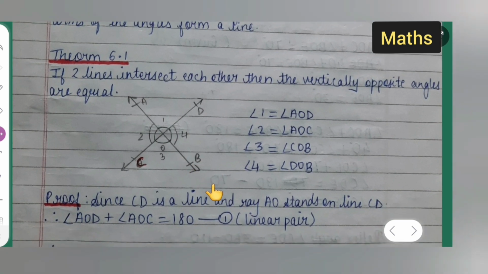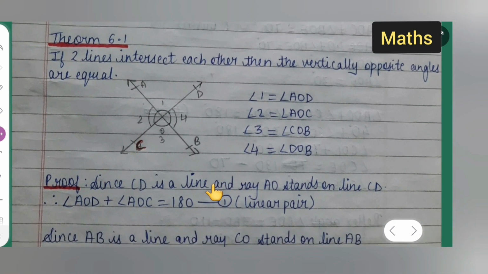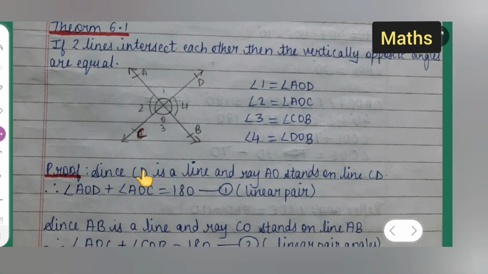We need to prove that if two lines intersect each other, then the vertically opposite angles are equal. So the proof starts from here.